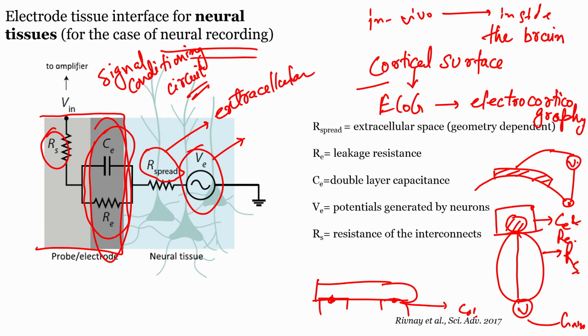In a similar way, this kind of interface can also be drawn for neural stimulation, wherein here you are recording, there you are stimulating current pulses. In that case also you can work out the electrical equivalents when a particular electrode comes in contact with a neuronal tissue.